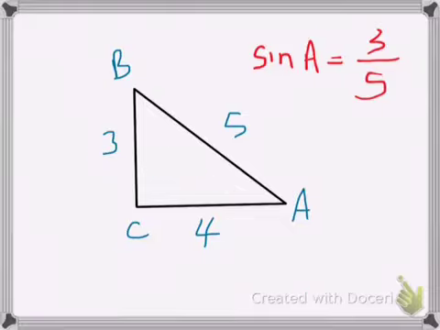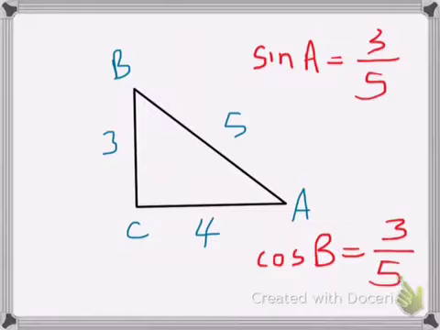Now let's talk about what the cosine of angle B would look like. The cosine of angle B is going to be equal to the adjacent leg over the hypotenuse. The leg that is adjacent to angle B is 3, and the hypotenuse is still 5.